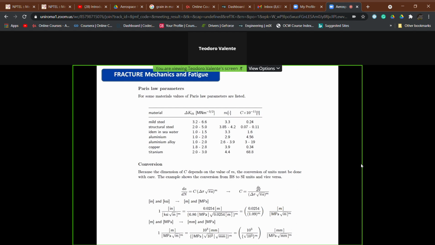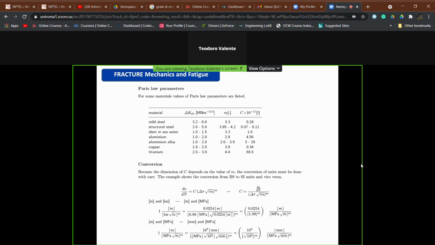Otherwise, we can use the procedures that we have just discussed to have an idea of the values of the two constants, C and M, and also of the delta K threshold. Pay attention, and this is just reported for you, the dimension of the constant C depends on the value of M, and thus the conversion of units, when needed, must be done with accuracy and with care.